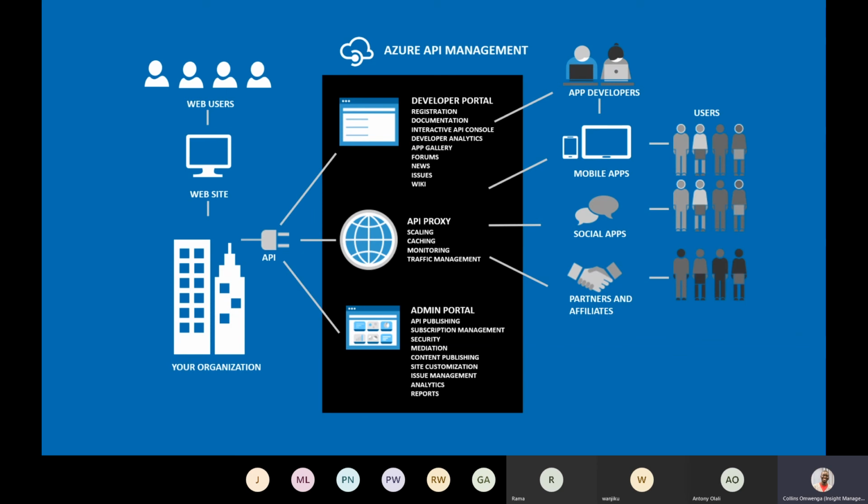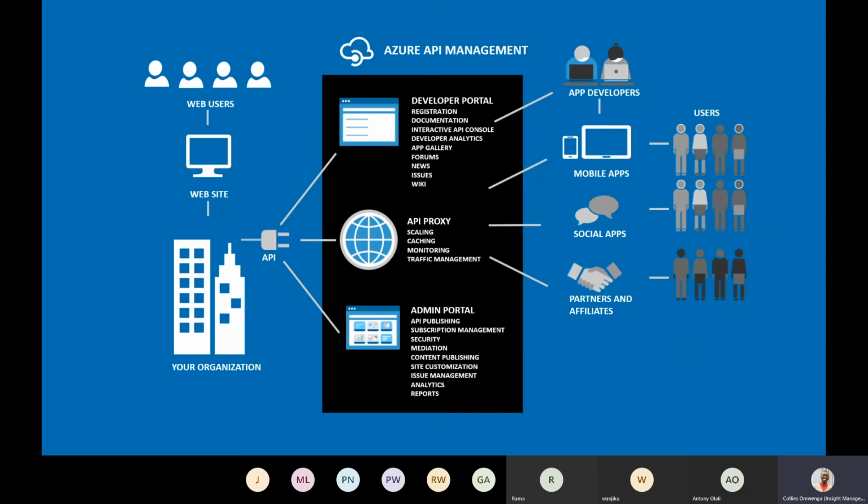In terms of mediation, this is how you deliver the different API endpoints and how you can mediate and route traffic into different API endpoints. Of course, content publishing, in terms of readability and the ability for somebody to self-onboard in consuming your API.